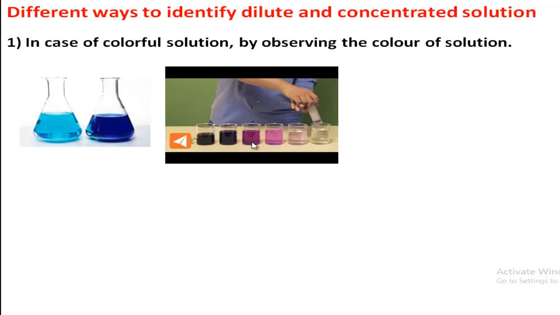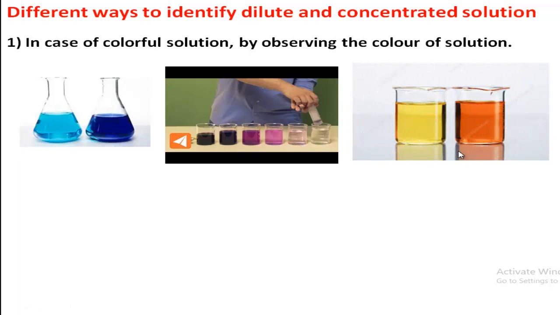Now the purple color solution. This is a solution of potassium permanganate, because the color of potassium permanganate is purple or violet. You can easily understand that these light colors are dilute solutions and this deep purple solution is the concentrated solution. This is a potassium dichromate solution, whose color is orange.